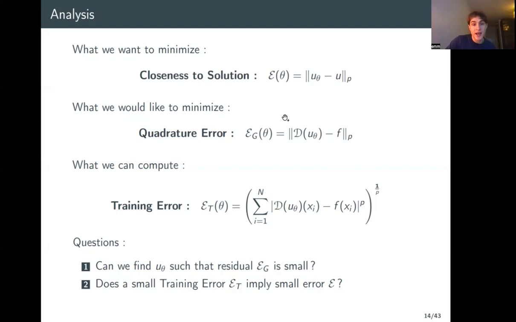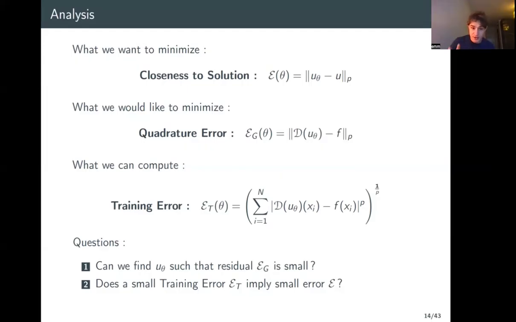What we can compute is the PDE residual over the whole domain. This is closer to what we can actually have. It would be integrating over the whole domain, computing a norm for each point. Obviously, this is also an integral, which we can't compute, but it's closer to something that we can compute.